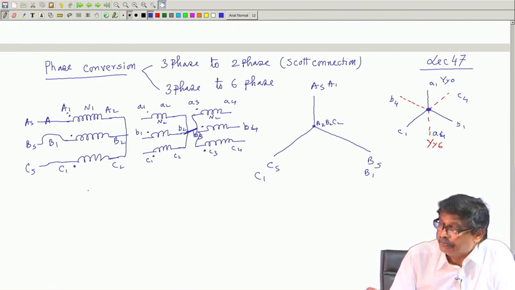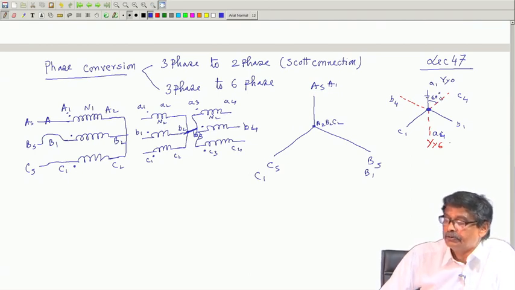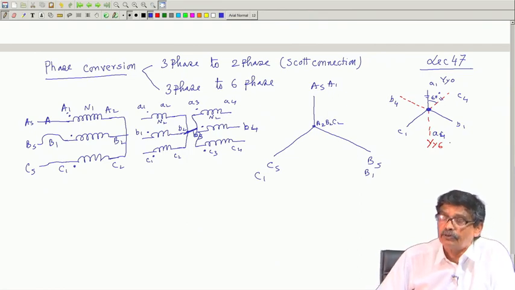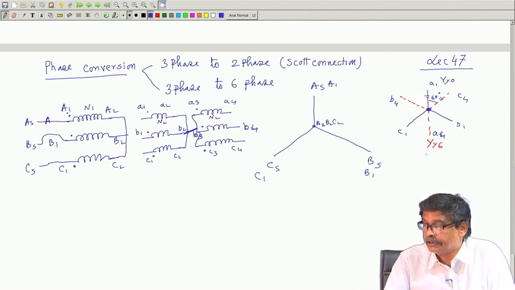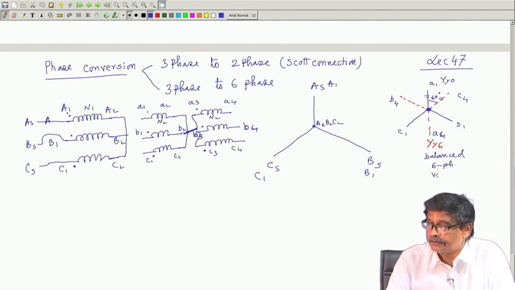If you see the voltage waveforms of these terminals, they will be 60 degrees apart with the same magnitude. So, you have been able to generate 6 voltages on the secondary side of equal magnitude and 60 degree phase difference. So, balanced 6 phase voltage.